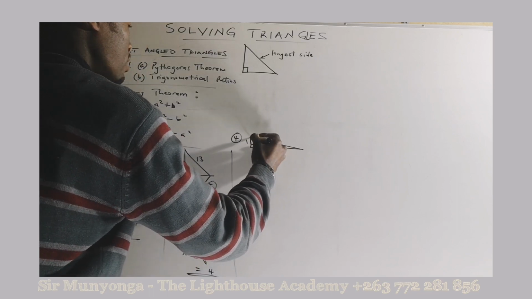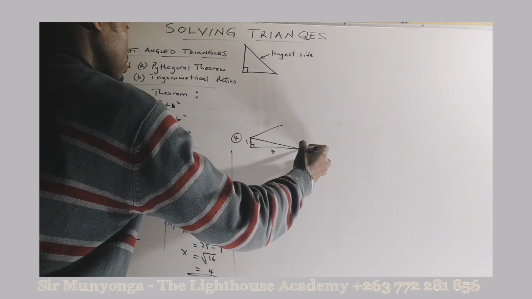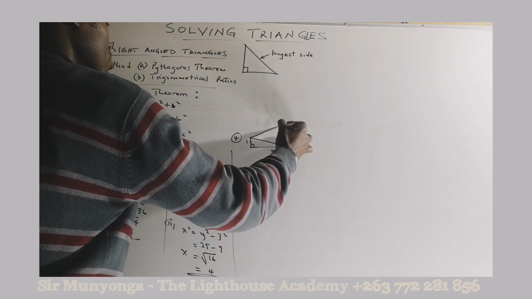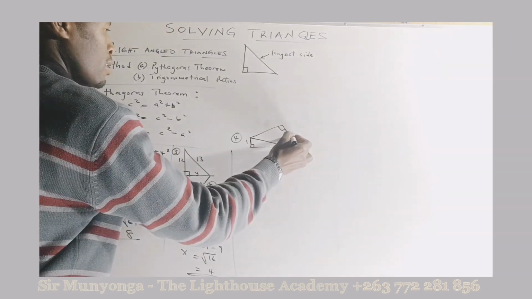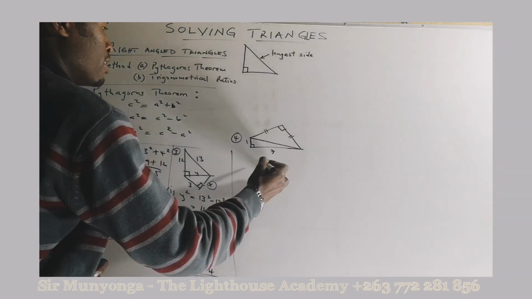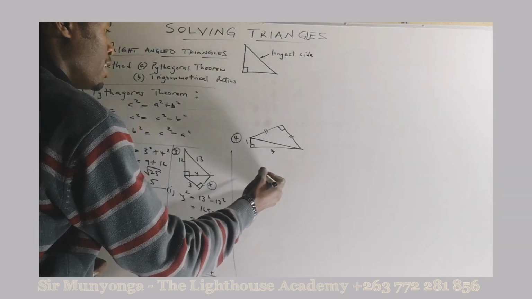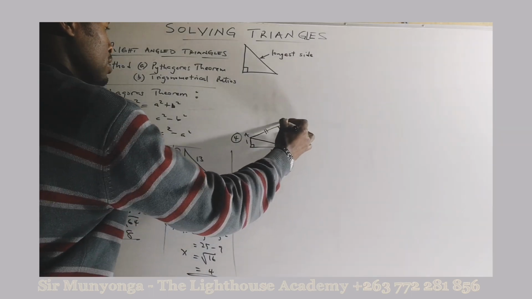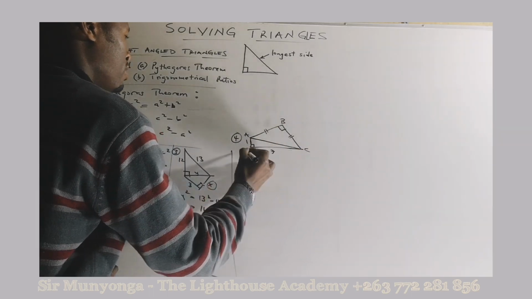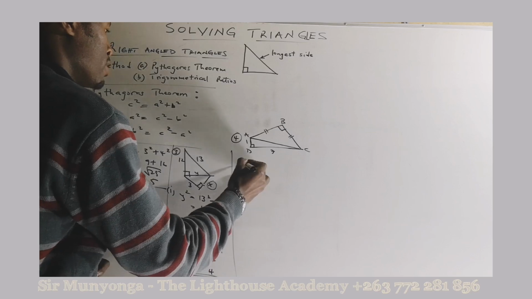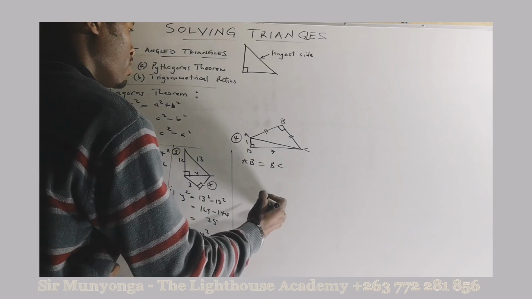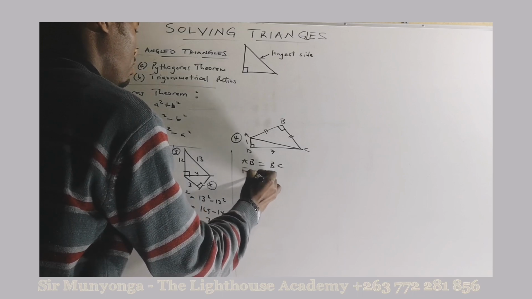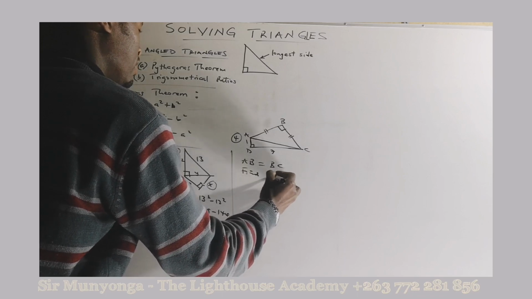You have another right angle triangle on top of another right angle triangle, and the question says these two sides are equal. So let's say the points are A, B, C, D. The question is saying AB is equal to BC. Find AB.